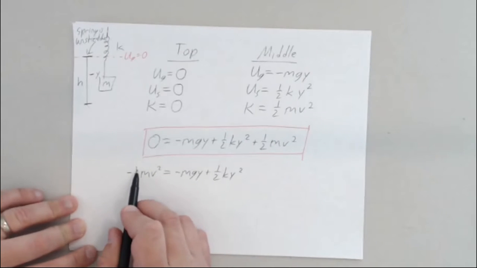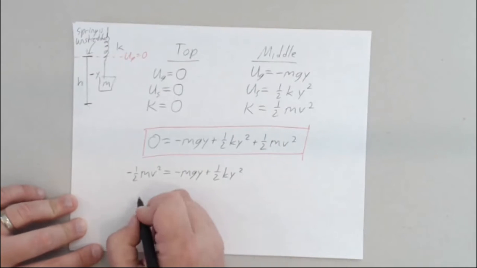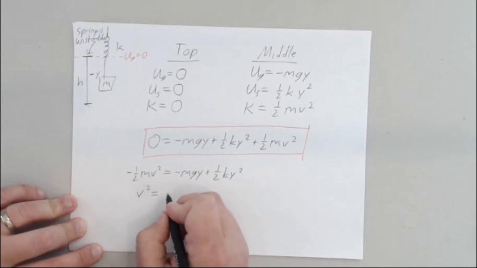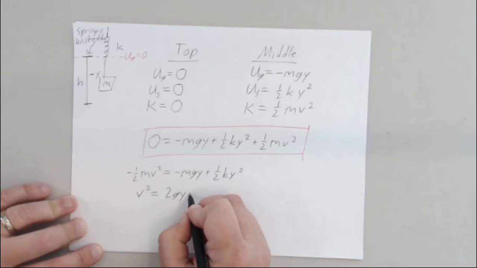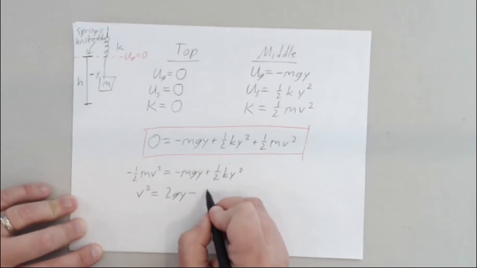I divide through by negative 1/2 m. I get v squared is 2gy minus ky squared over m.